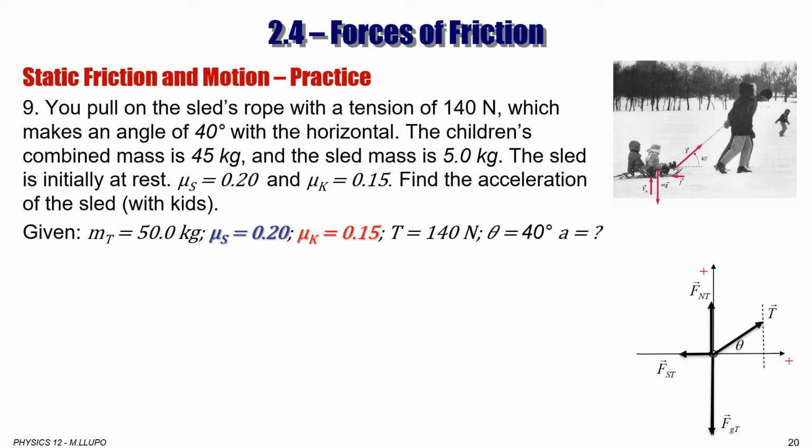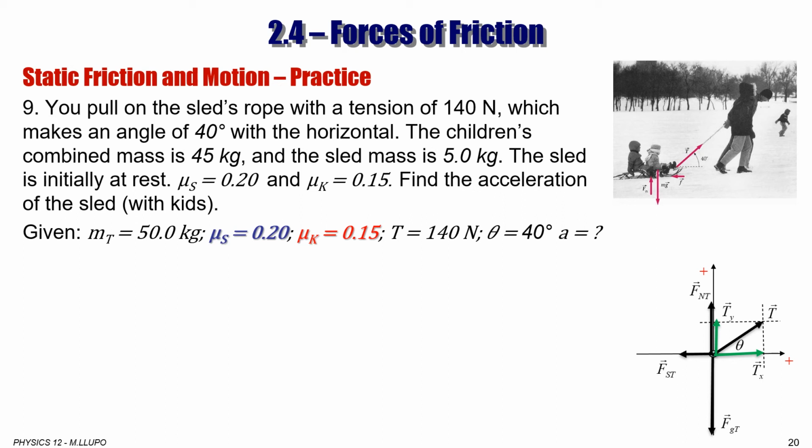Tension is at an angle of 40 degrees, so we can resolve it into components, x and y. I draw the total normal force shorter than the force of gravity. Why? Because I know that tension has a y component, and together normal force and tension have to be equal to the force of gravity.